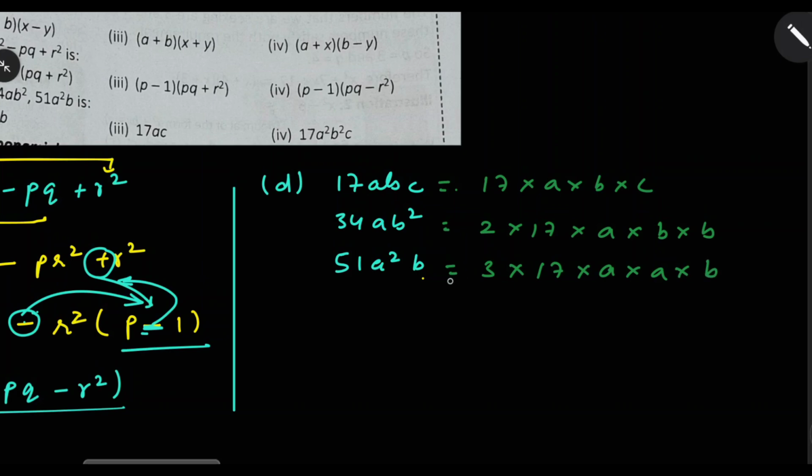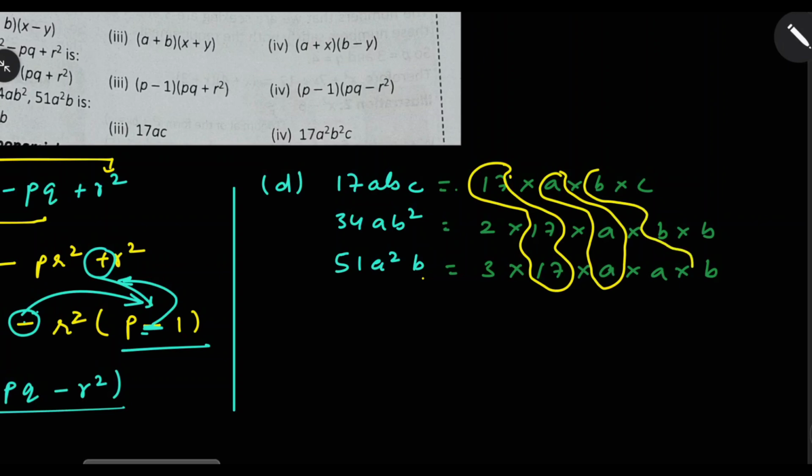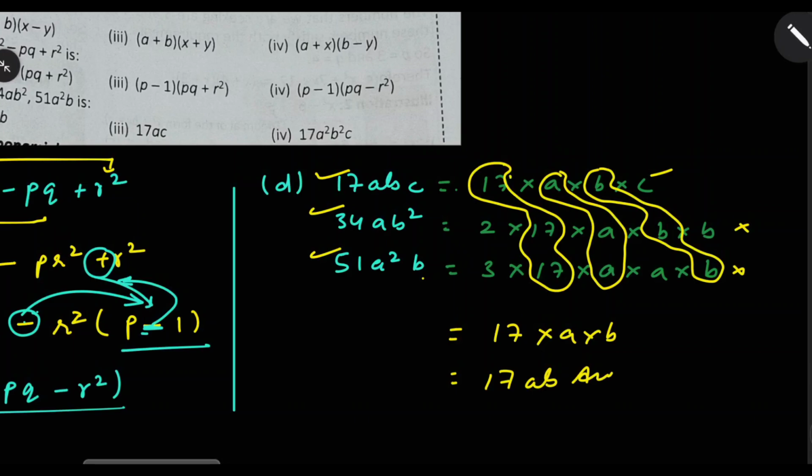Let us see which factors are common among these. 17 is common, and a is common in all three terms. b is also common in all three terms. c is there, but here there is no c. So only these three are common among these terms. So the common factor of these three terms is 17 into a into b, that is 17ab, and this is our answer.